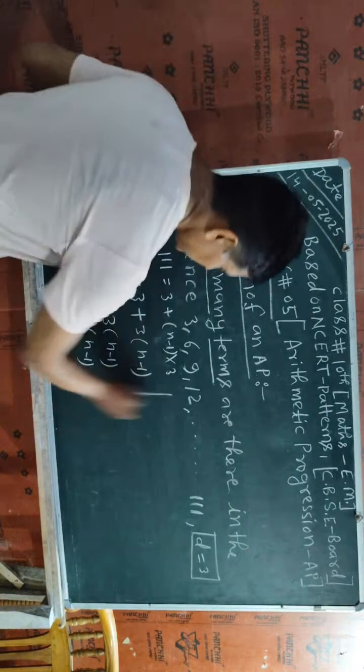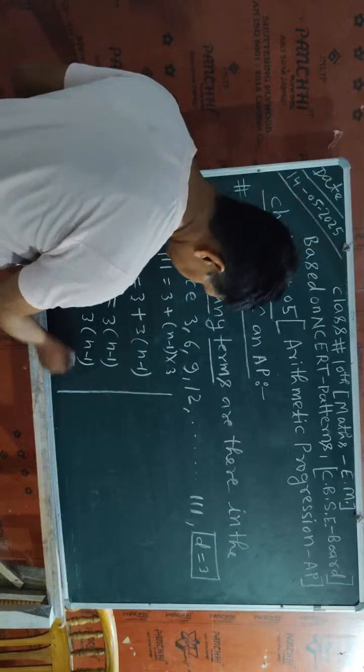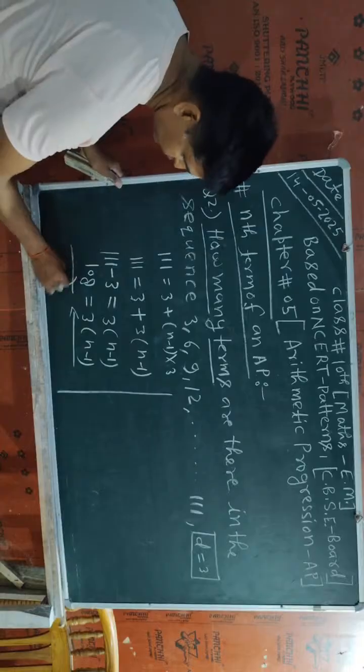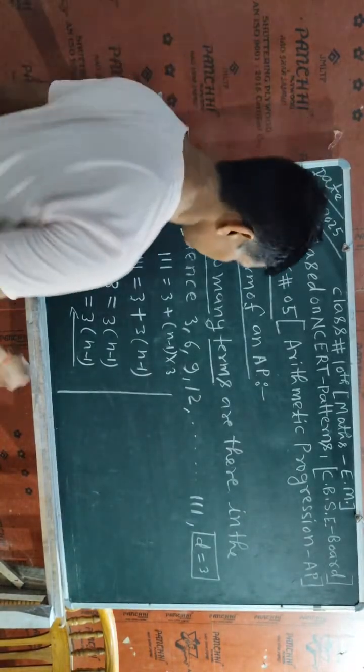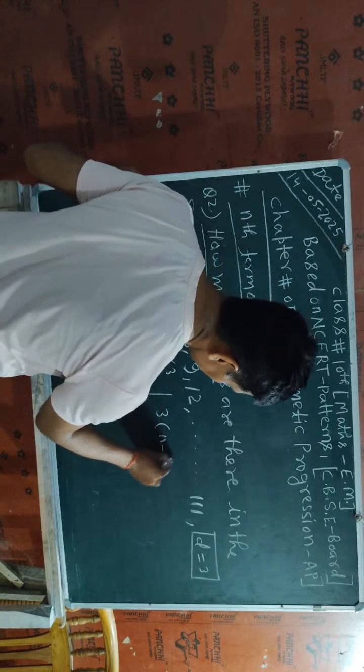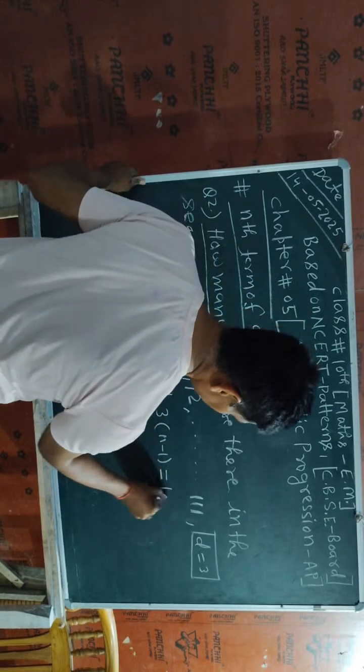Now further I will also simplify it. This term I will write in left and this term I will put in right. So there will be no change in question. So I will write 3 n minus 1 which is equal to 108.